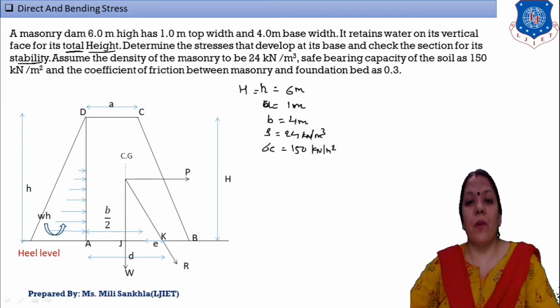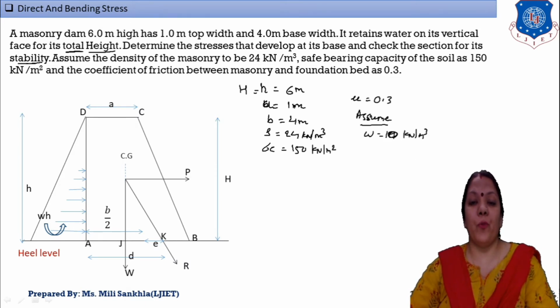Also given is the coefficient of friction between masonry and foundation, mu, equal to 0.3. In this example density of water is not given, so write assume. If this value is not given, assume density of water is round figure 10 kilonewton per meter cube. Now one by one we find out.